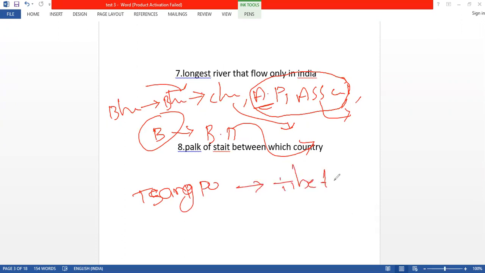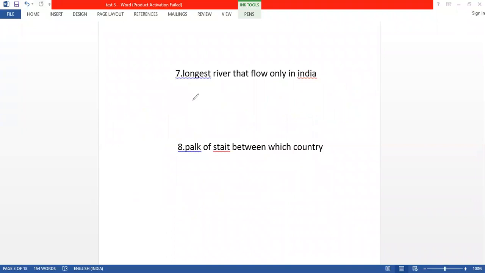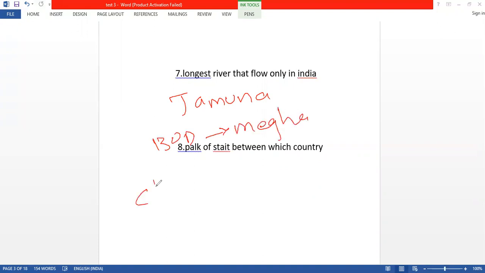In Tibet it is called Sangpo. Where does it originate? Write down: Chemayungdung glacier. Okay, a few points. Now one more. In Bangladesh it is called Jamuna, not Yamuna. Again be clear. When it meets the Bay of Bengal, it is called Meghna. You just comment in the comment box what it is called in China.